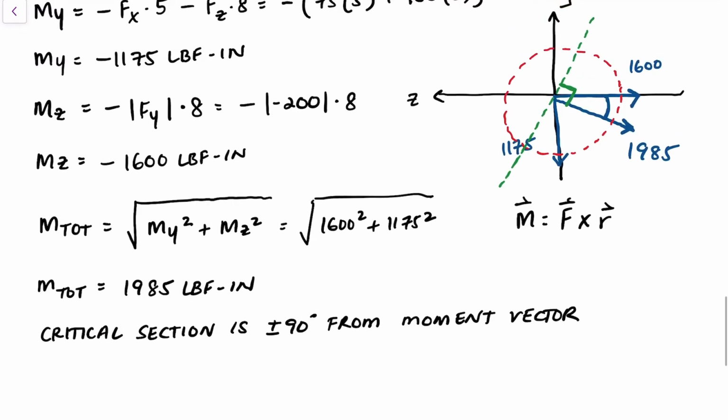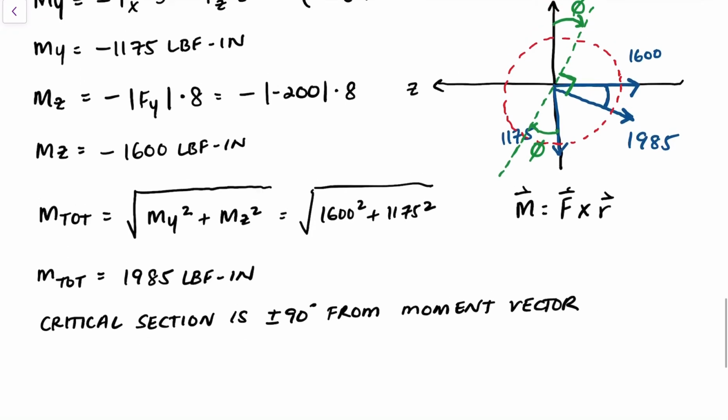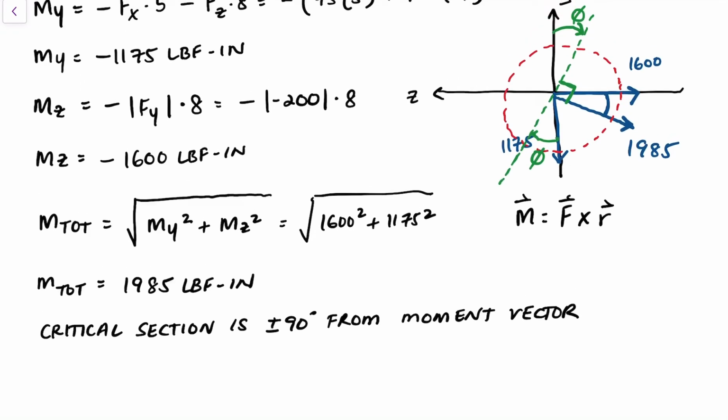Right? So what is that angle here? So we need a reference point. So let's say I want to figure out what that angle is, and it could either be this angle here from the y, or this angle here, but both values are the same. So I'll just find phi and then figure out whether my critical location is at this point on the shaft or down here at this point of the shaft.